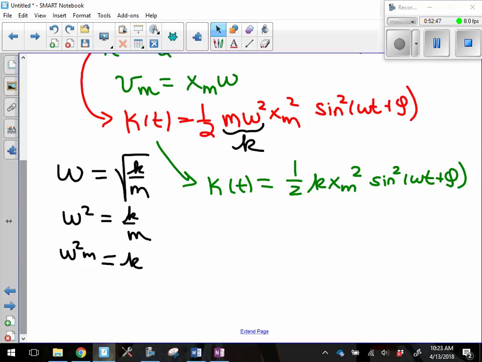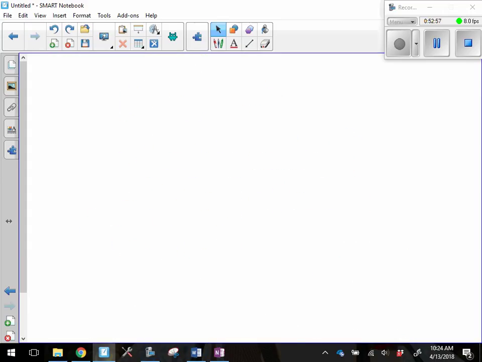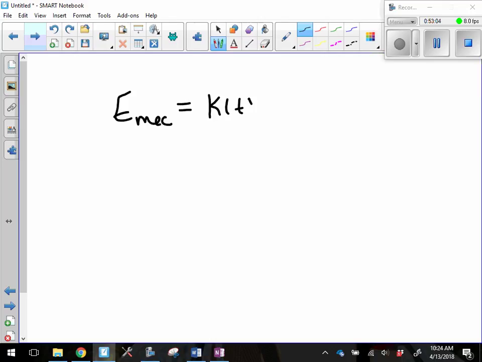So now I have an expression for K of t, and I have an expression for U of t, which means that I can figure out what the mechanical energy is, right? Because that's going to be K of t plus U of t. And it shouldn't surprise you that the kinetic energy and the potential energy change, because we've looked at all kinds of systems where kinetic energy turns into potential and potential turns into kinetic.